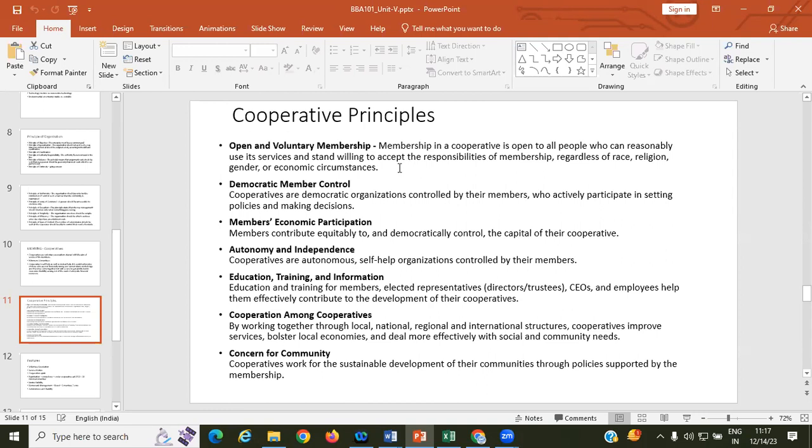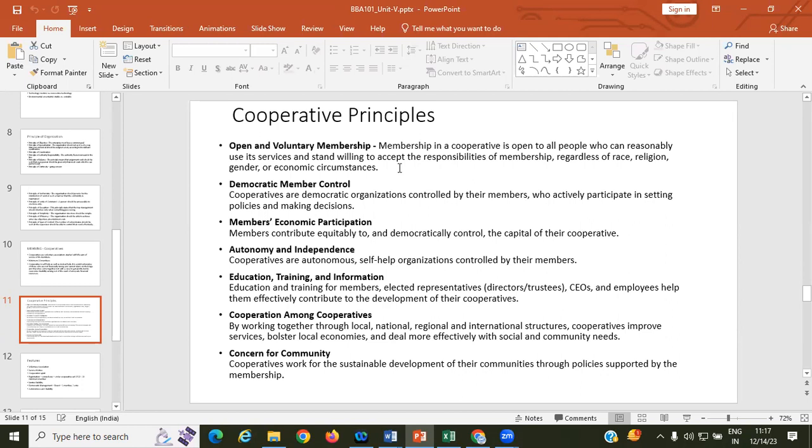Autonomy and independence. The word autonomy means it is an autonomous body, so the society itself controls everything. It is independent of any other board of directors or managing directors.